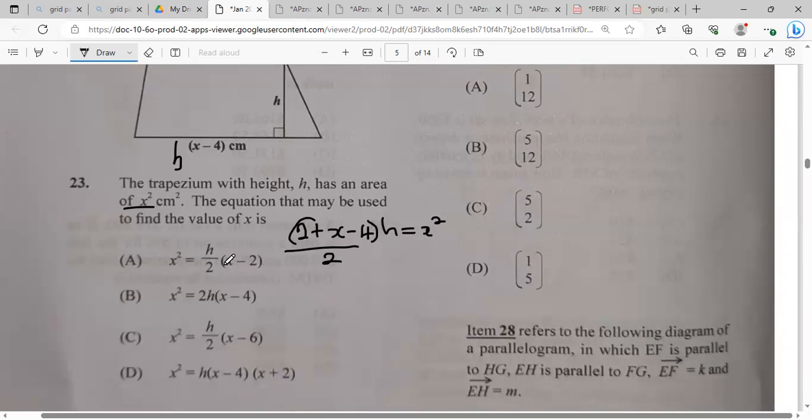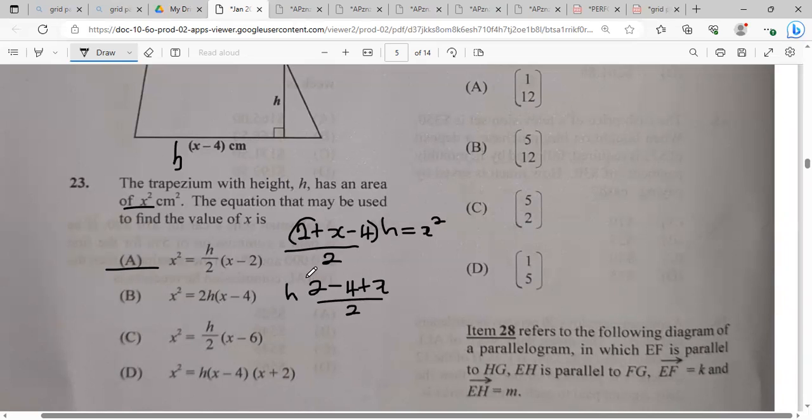All right, so let's go. We have a 2 plus that, so right here we have 2 minus 4. Those are like terms, over 2, then we have h, right?